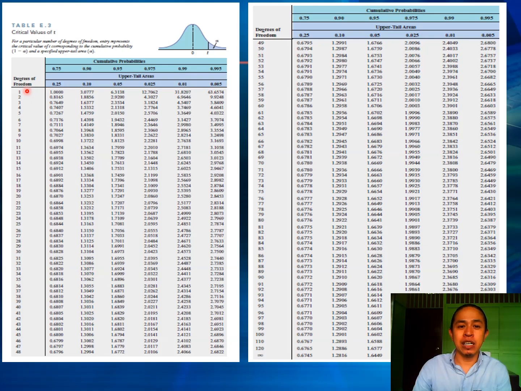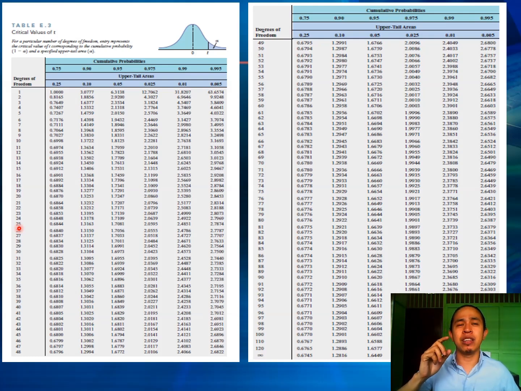So for a sample size of 25, 25 minus 1 is 24. And the second thing that you have to know is the level of confidence and the critical value. For example, 95% level of confidence. So 95%, so the critical value is 5%.